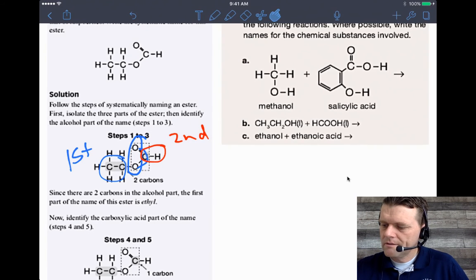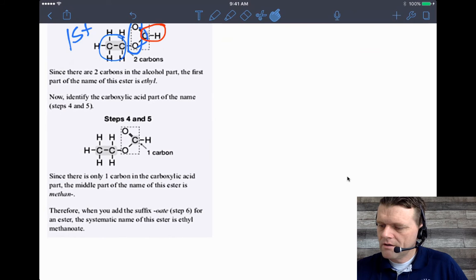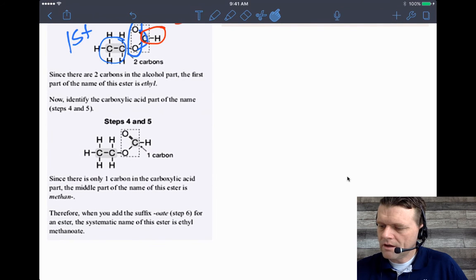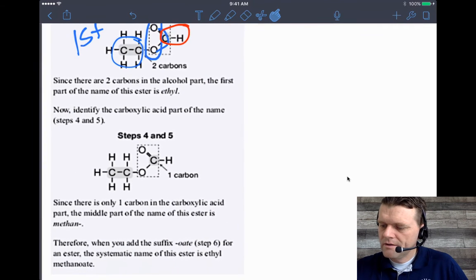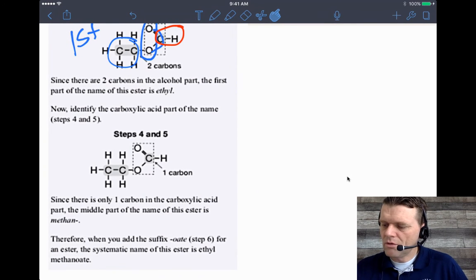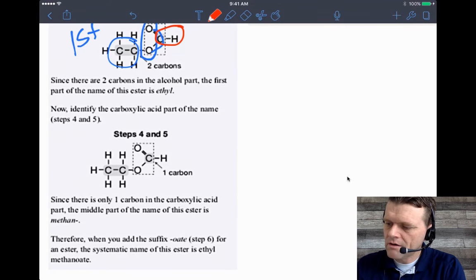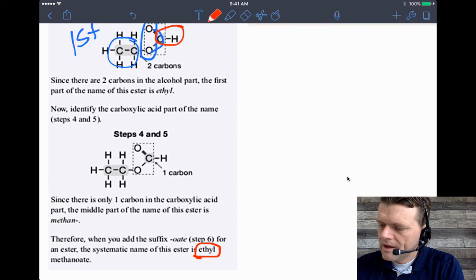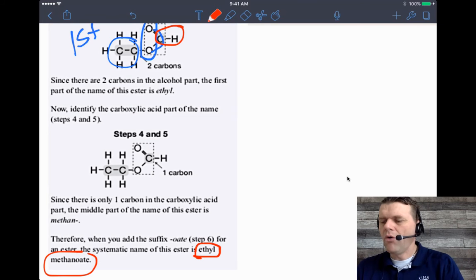And you can see that they name the first part ethane, or ethyl, because it's ethane. So you go with the prefix ethyl. Here it is right here, ethyl. And then because the second molecule is one carbon, that would be methane, and then you change it to oate.